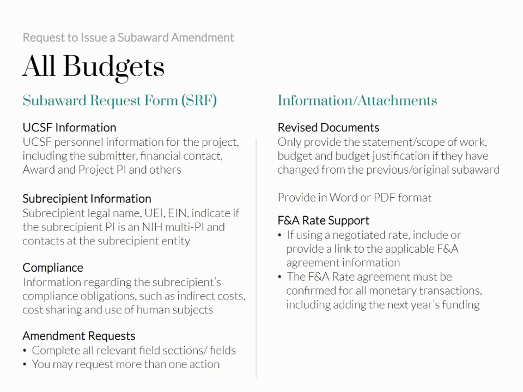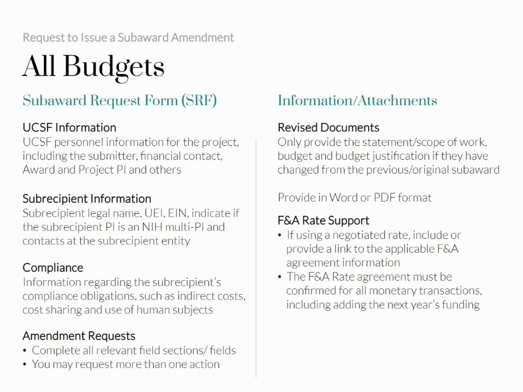When requesting an amendment to an existing subaward, complete the subaward request form, complete the UCSF and subrecipient information sections, complete the relevant subsection of the compliance section, and also complete the amendment request section. Complete all relevant fields or subsections, and note that you may request more than one action with your request.